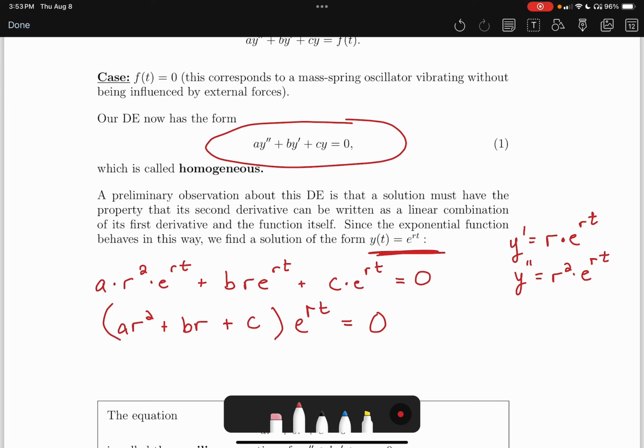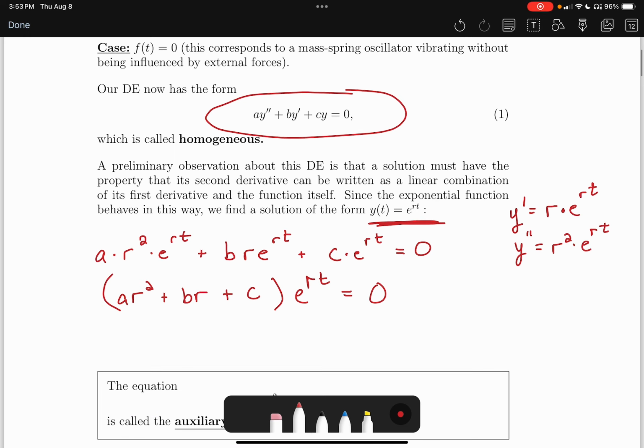Now, e to the rt as a function is never 0. So it must mean that ar squared plus br plus c is 0. And I'll write that out just so that we're clear.